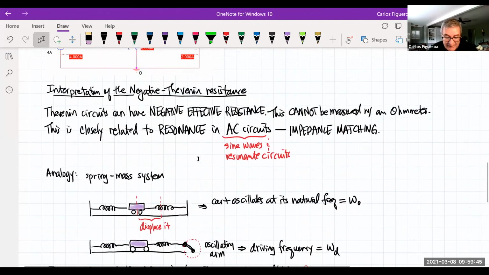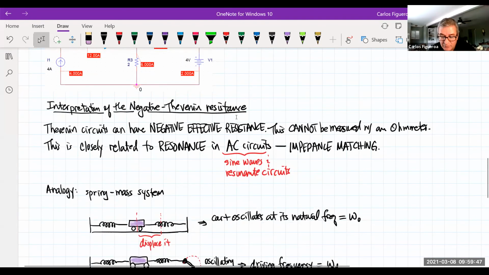The same thing happens with the negative Thevenin resistance. If you have an AC circuit and you resonate the circuit, effectively you're going to get maximum amplitude. In this case, you'll get maximum current.